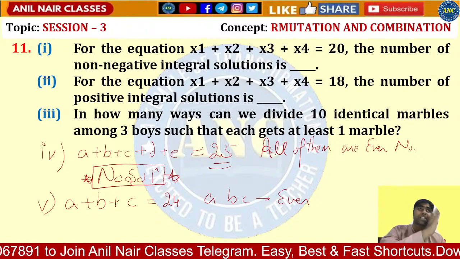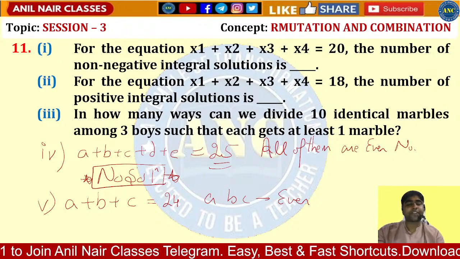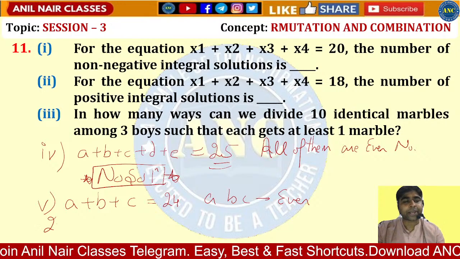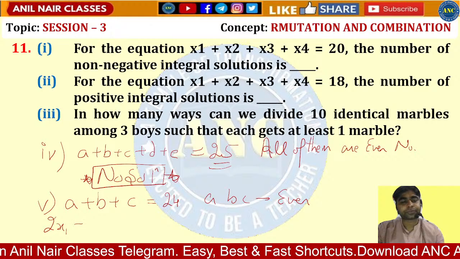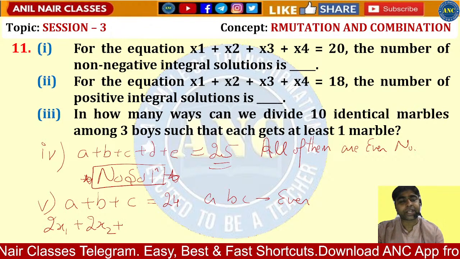Now it is possible because even plus even can be 24. So if I say that A is even, let me call it 2 times x1. The general form of an even number is 2x or 2n.